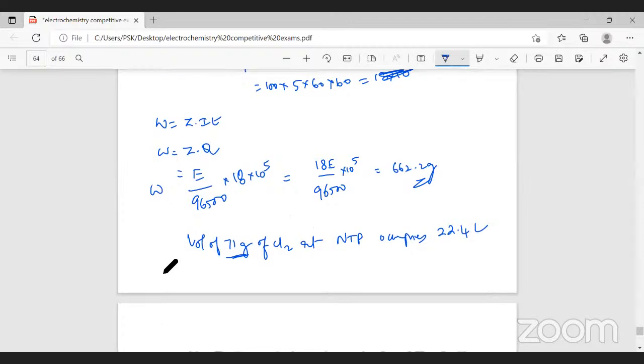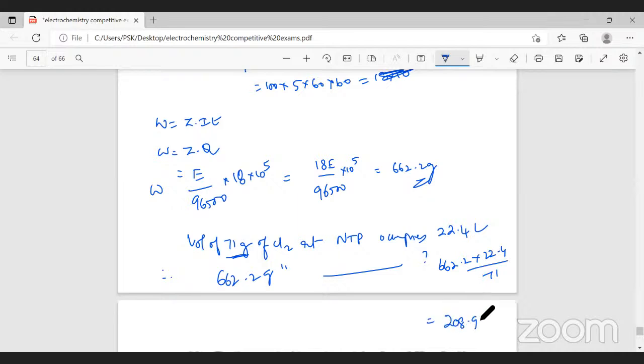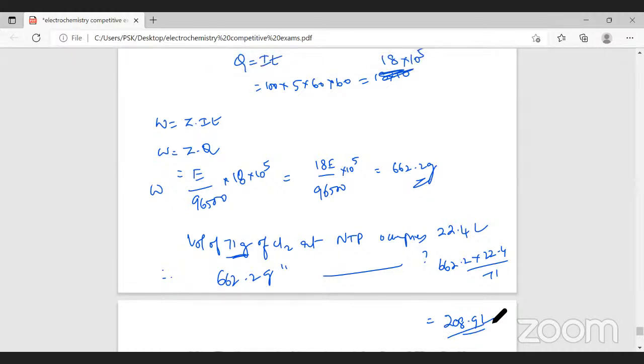Now, we can find what volume 662.2 grams of chlorine will occupy. It will be 662.2 into 22.4 divided by 71, which is equal to 208.9 liters. The amount of chlorine deposited is 208.9 liters.